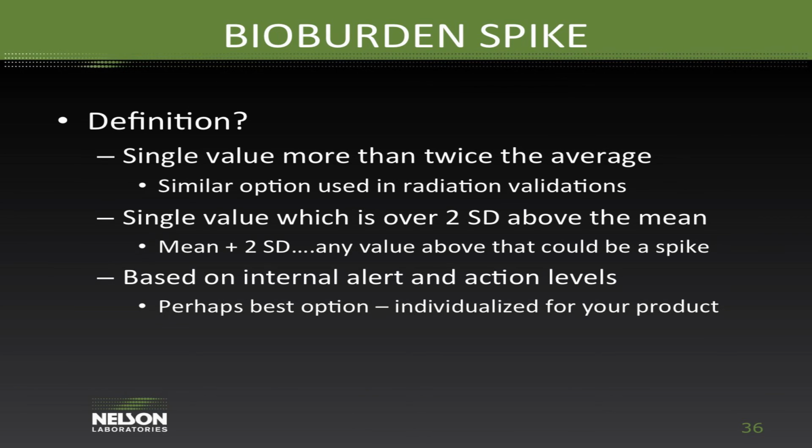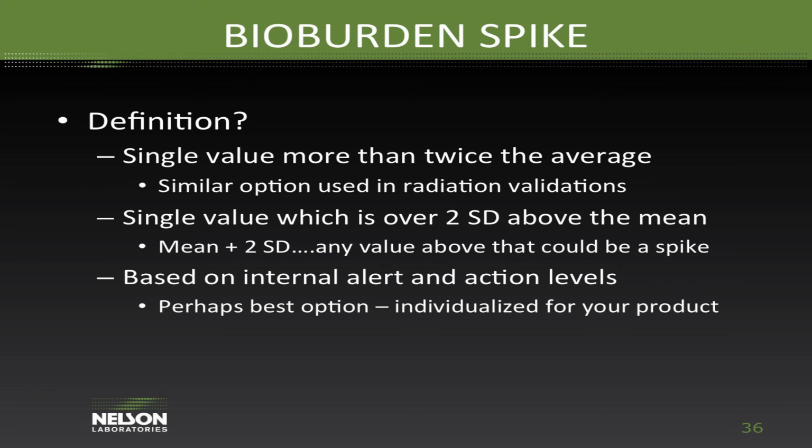So a few ideas on definitions here. The top one there has traditionally been the unofficial definition based on how we select bioburden data in a radiation validation. At Nelson Labs, we published a paper recently with a statistician from FDA where we found that in looking at a bioburden data set, the data that had one value over the mean plus 2 standard deviations, that one value is what made the data not normal, as opposed to being a normal distribution.